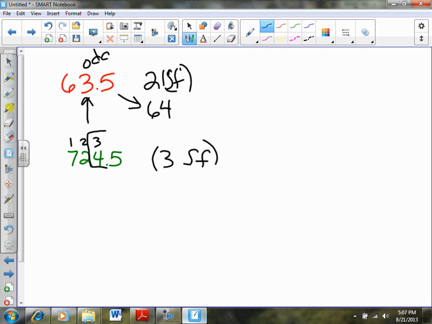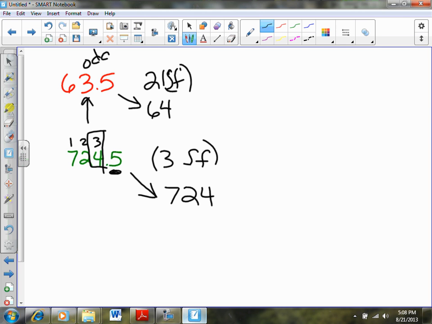This is the digit I'm trying to round right there. Does the 4 go up to 5 or does it stay as a 4? Because of the even-odd system, since the 4 is immediately adjacent to a 5 followed by nothing, I'm going to round it down. This becomes 724 with 3 sig figs.